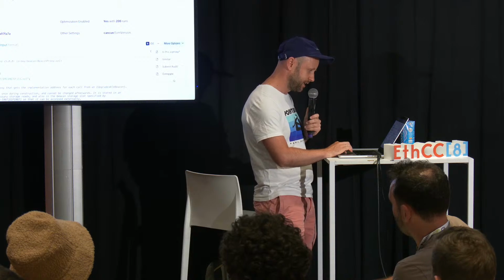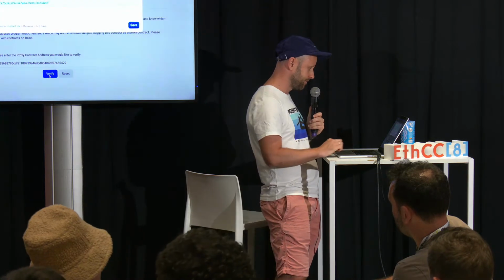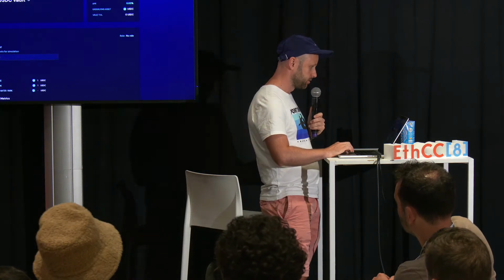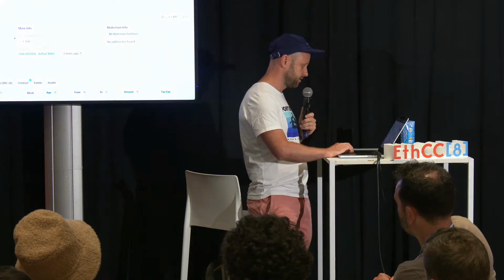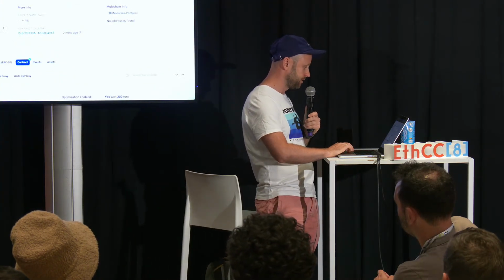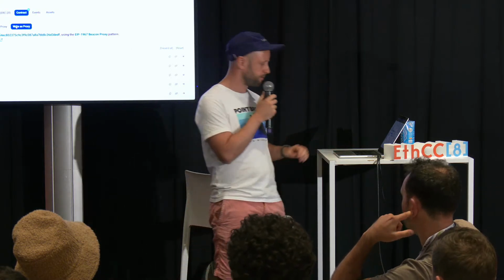So let's tell it, is this a proxy? Yes, it's a proxy. Click verify, save. Okay, it's done. So when you do that, you tell Etherscan that the contract you've deployed is a proxy, and it will detect the implementation automatically. And now you can read as proxy and write as proxy for the functions that are not in the UI.